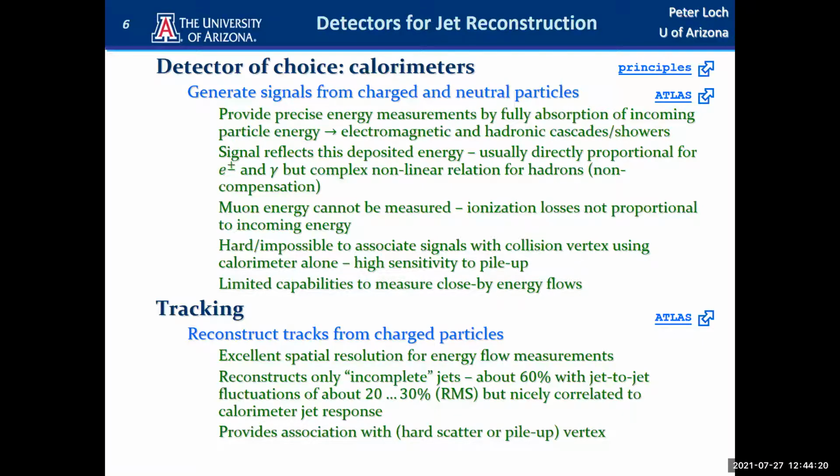Clearly, the big advantage of the tracking system is that it provides associations with the hard scatter or pileup vertices, so we can make judgments about where particle flow actually comes from. And of course, you know that we combine both track and calorimeter signals to form energy flow objects that represent the best of both worlds. We will come back to that when we talk about the inputs in ATLAS jet finding.